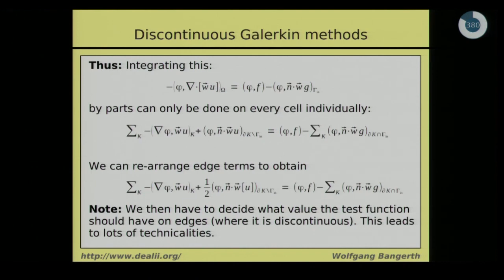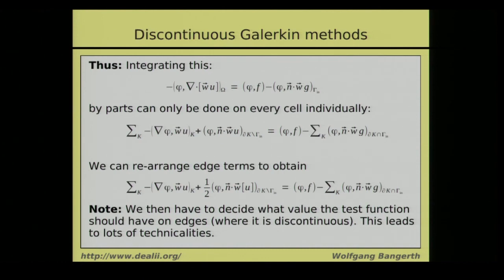What I come out with is a sum over all cells, where I have integrated on every cell, and I get something like this. I can do the same kind of trick that I did for finite volumes, namely that I can rearrange the edge terms. And I come out with something like this, where I have a sum of cell terms and a sum of terms where I have to jump between cells on the interfaces between cells.